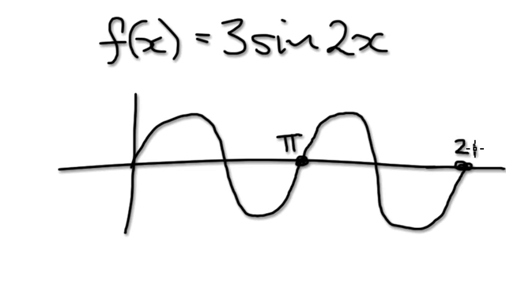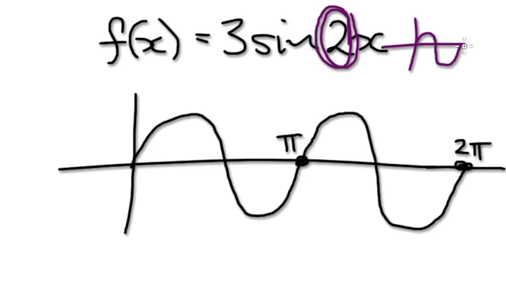So now remember, because of this coefficient here, you are squeezing everything inwards. So normally it's 1 cycle with 2 pi here. But because of this coefficient, you're going to have 2 cycles within that same period. 1, 2. Okay, so it will look something like this.